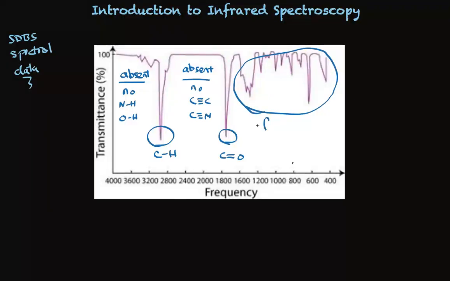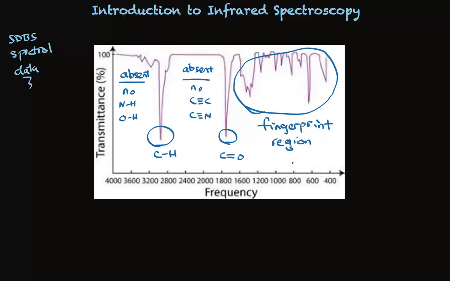It's the fingerprint region. And it will let us determine whether our sample is exactly the same structure as some other sample. Perhaps because we're matching spectra from a database like this one.